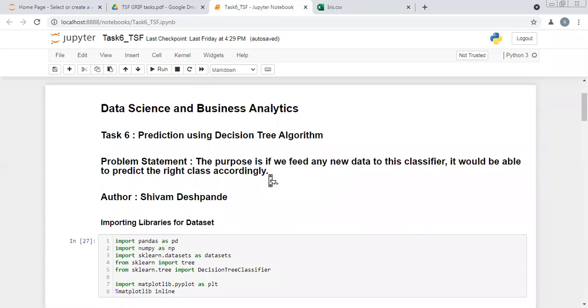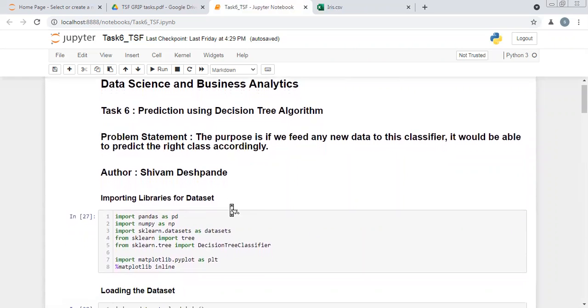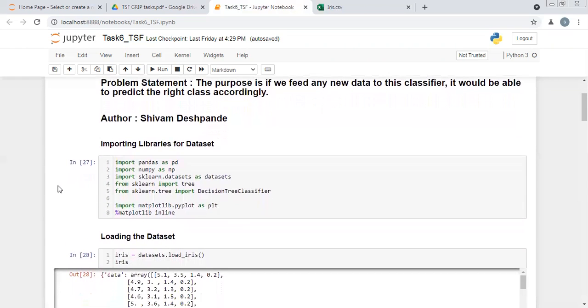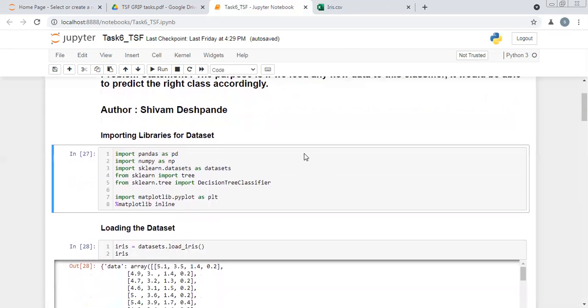Okay, so now I will just quickly tell you the code that I've made. First of all, importing the data set. I have used pandas, NumPy, then from sklearn.datasets I've used datasets.